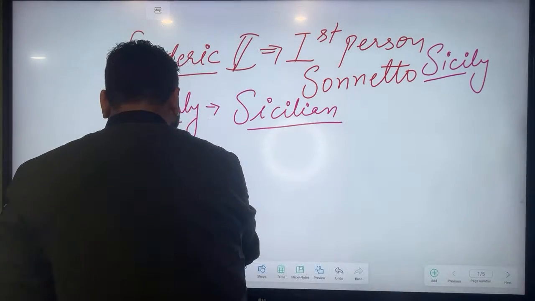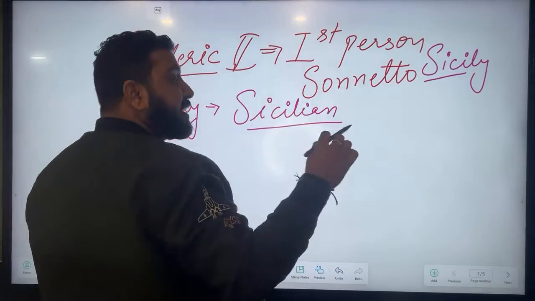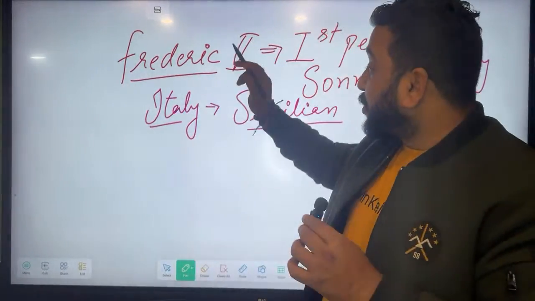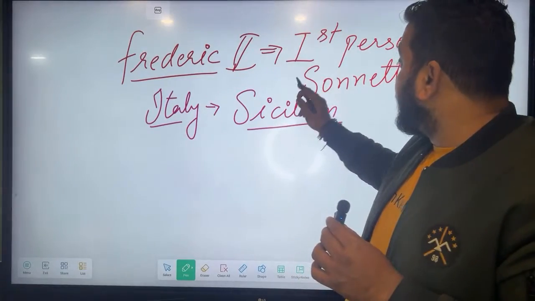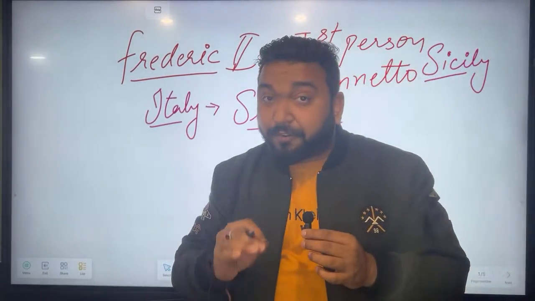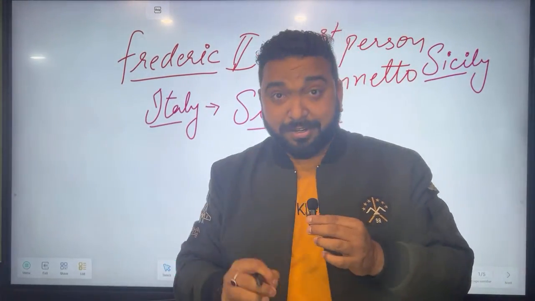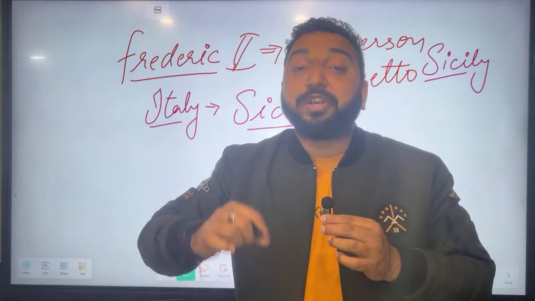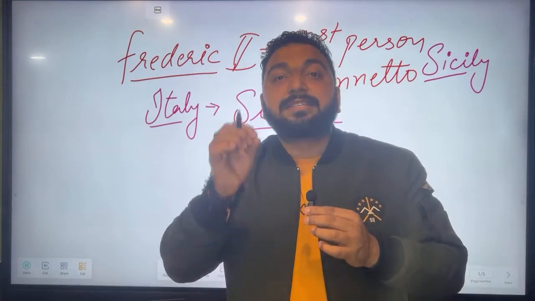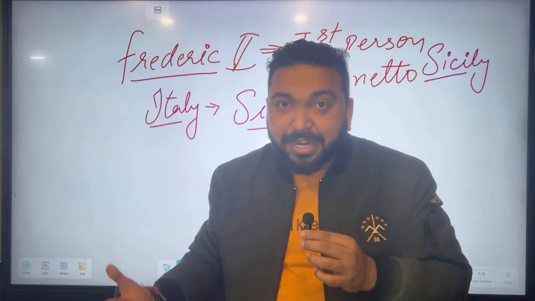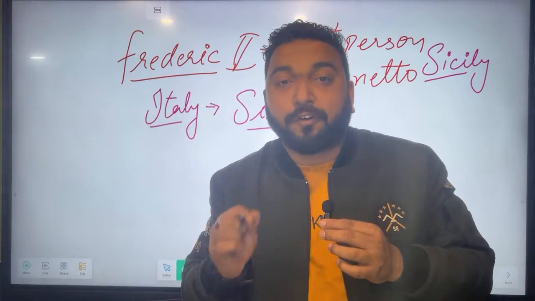Now the most surprising point is that not even a single manuscript. Sonnet comes from Italy, from Sicily. Sicilian poets and singers are the first people to use the sonnet, but at present we do not have any single manuscript in the Sicilian language to get a proof of this.